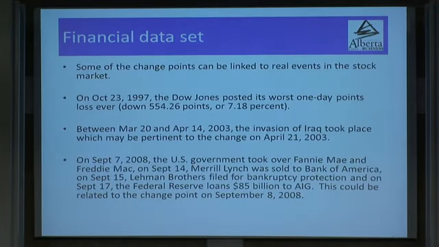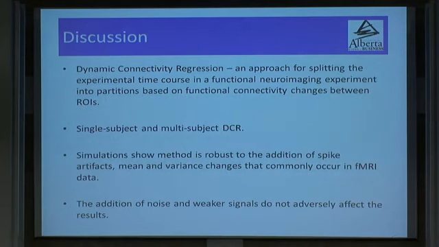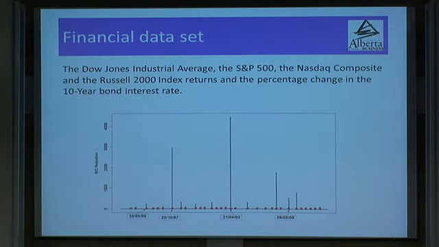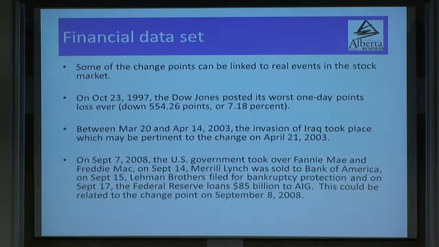And then in the financial crisis, in September 2008, the US government took over Fannie Mae and Freddie Mac. On September 14th, Merrill Lynch was sold to Bank of America. On the 15th, Lehman Brothers filed for bankruptcy. So this may be related to the change point around here, even though it's quite small.